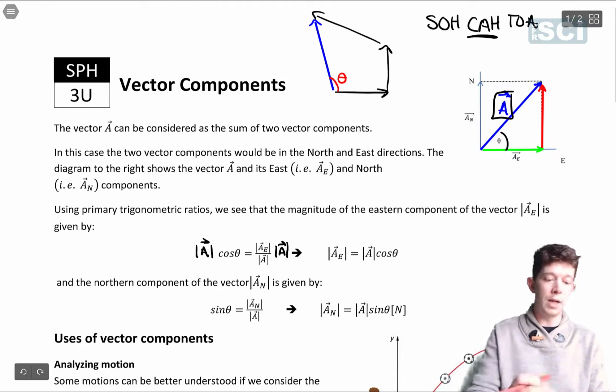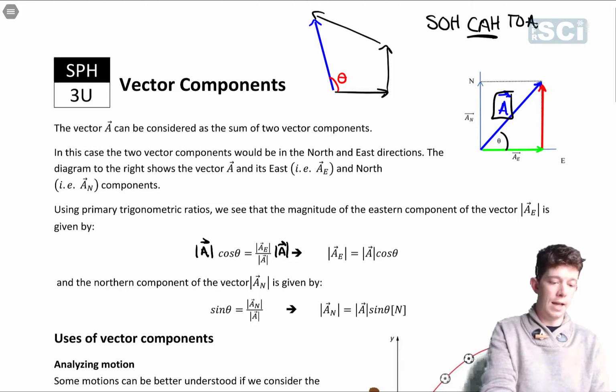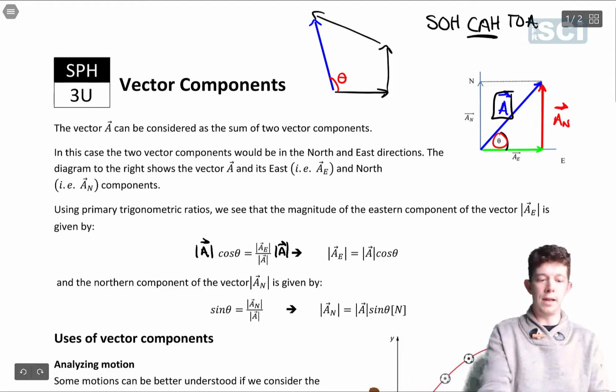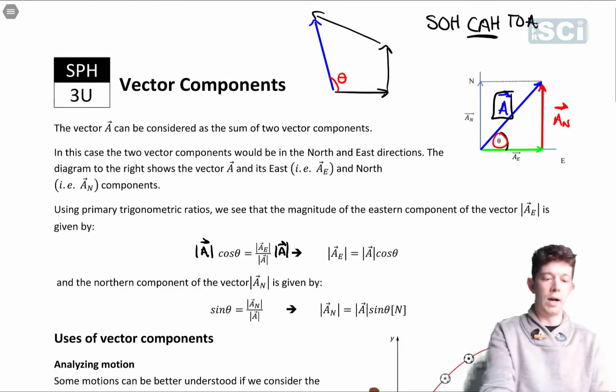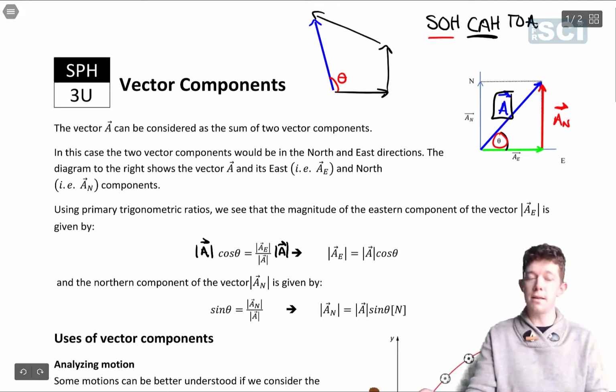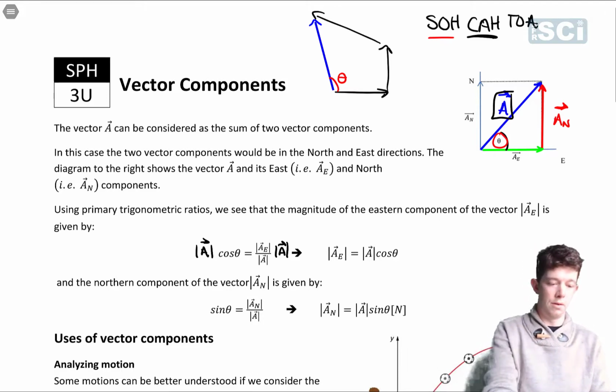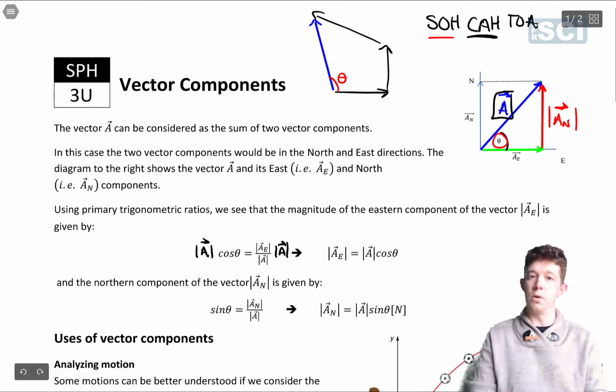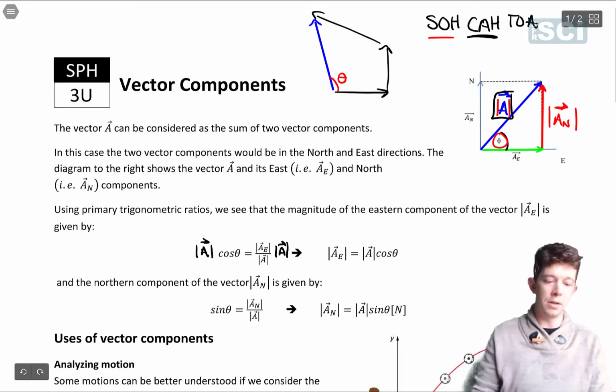And for the vertical component, I'm going to use sine. So this was A north. If I look at the sine of the angle theta, I require the opposite side's length, which is going to be the magnitude of A north, and I need the magnitude of the hypotenuse.